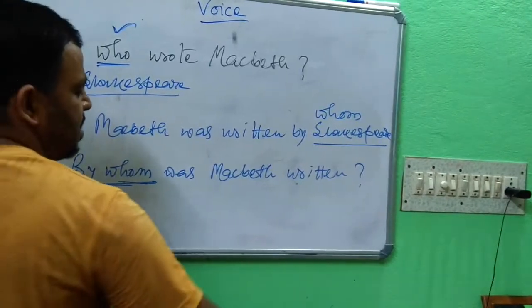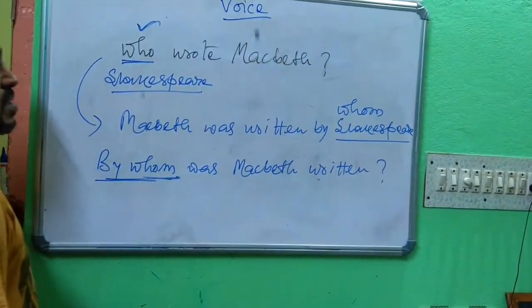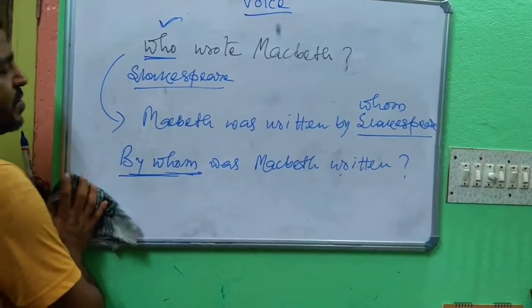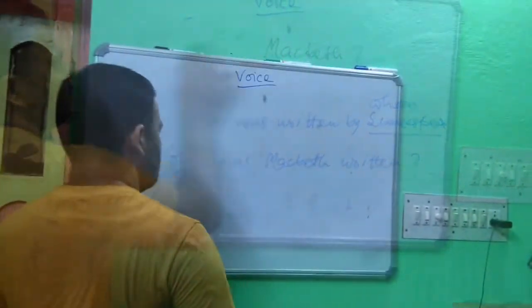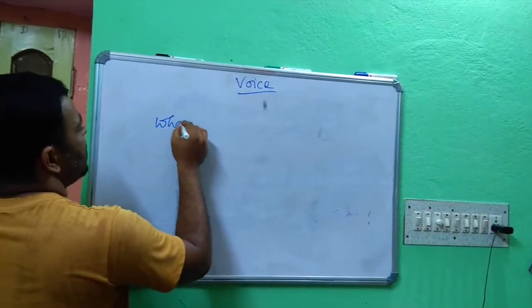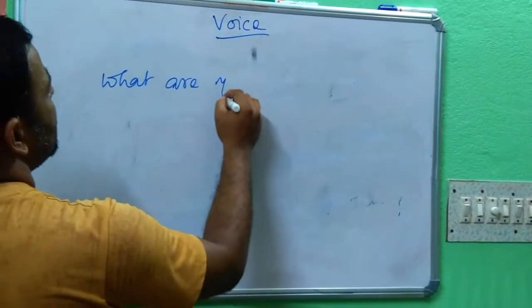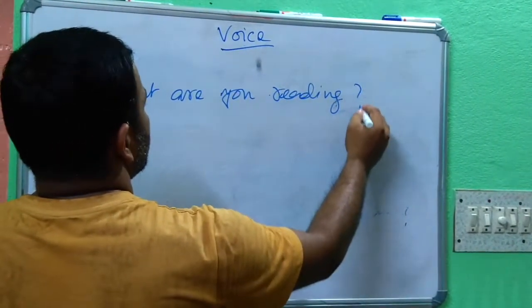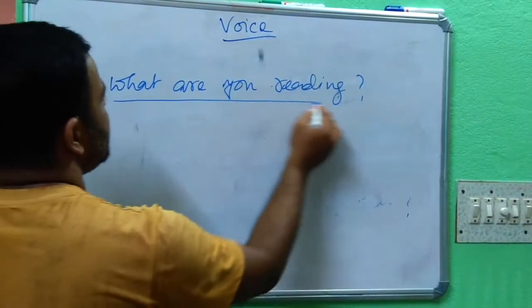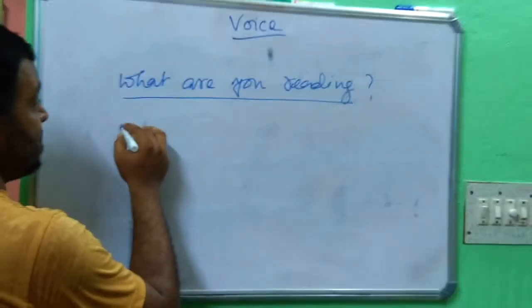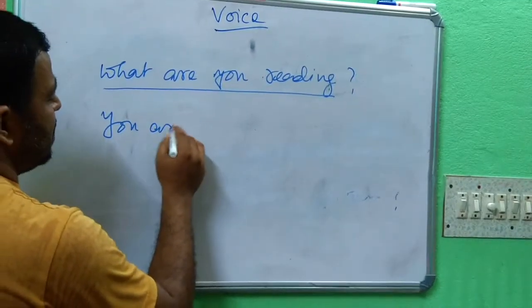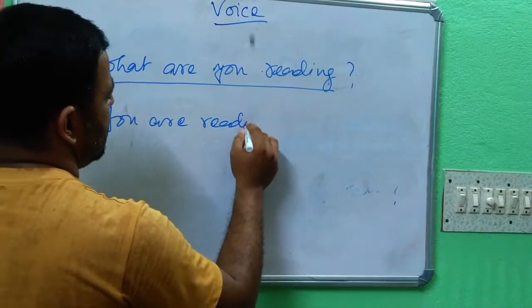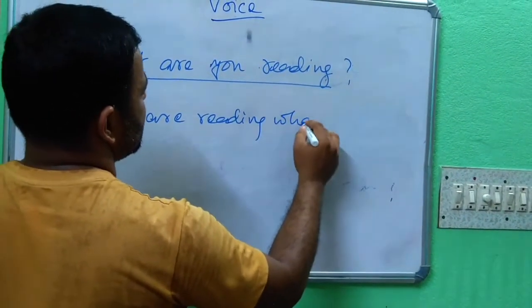But there is another WH word that is used in advice. That is what. What are you reading? If you change this interrogative sentence into an assertive one, you are reading what.